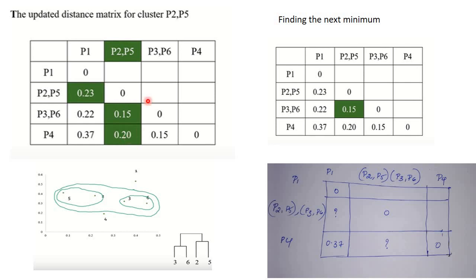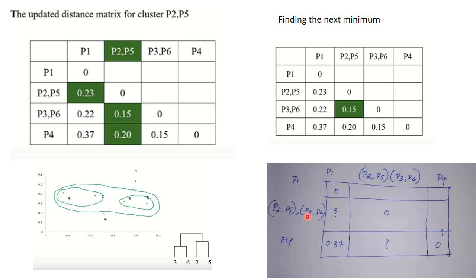So once I get this, I should be finding the next minimal value among these values, which is nothing but 0.15, which says that, okay, I can combine P2, P5 and P3, P6. So P2, P5 and P3, P6 is once again put under one more cluster, and this is how the distance matrix looks like.